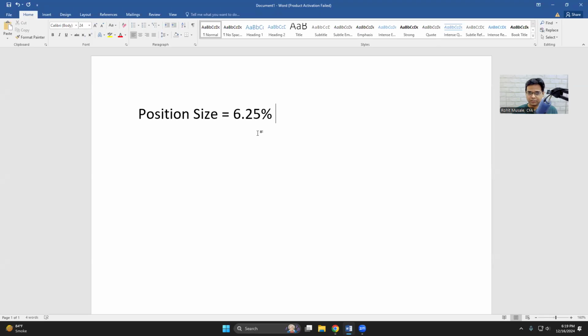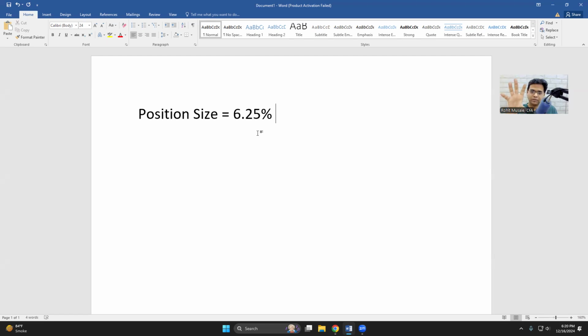This position size is neither too high nor too low. If you keep a very low position size like 1%, then even if your stock doubles, you only make 1%, right? If you do the calculation. So position size should neither be small nor too large. So this I think is optimum.